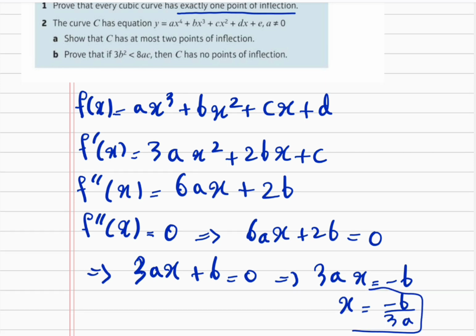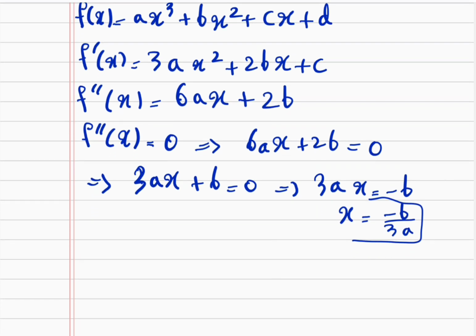At this point, we can't say that minus b over 3a is the x coordinate of the point of inflection, because we need to check the sign of the curve just before and after x in order to prove that's the point of inflection. So we need to check the behavior of the second derivative just before and after the value of x that we found.